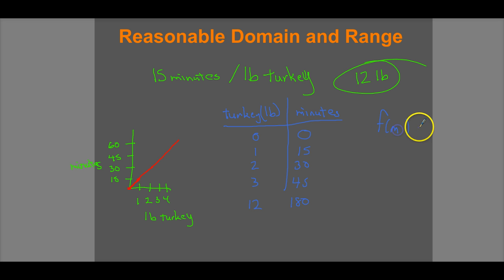The function of minutes is based off of the amount of turkey that I have, turkey times 15, because it's 15 minutes per pound of turkey. And this is the general setup of what that looks like. We'll go into function notation a little more in future, but basically it's saying the minutes are created by the amount of turkey that you have. So I'll do 15 times turkey. That's the general setup of how that goes.